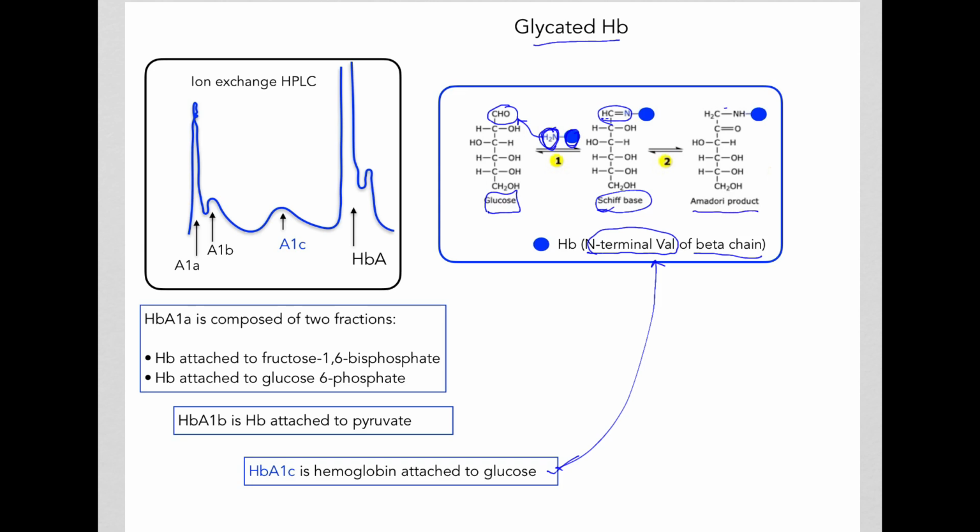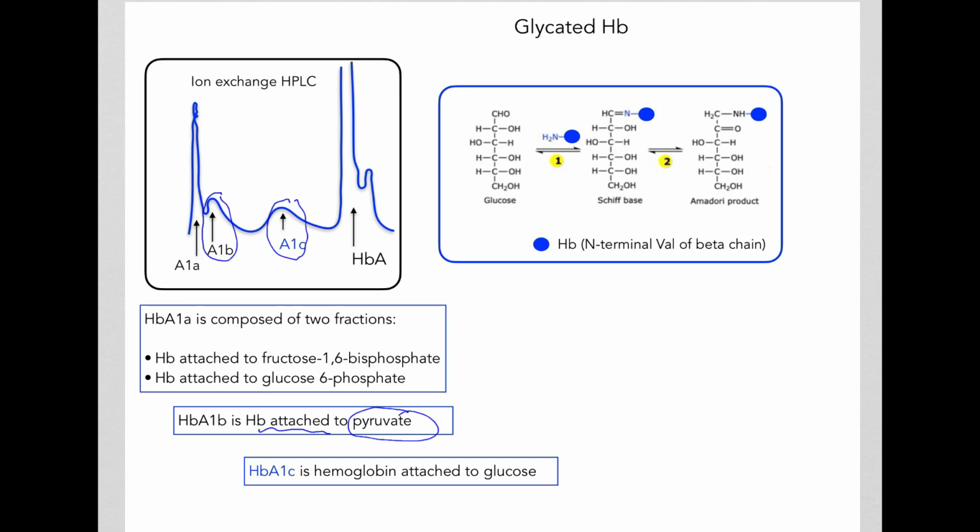So here you see the glucose is attached to the hemoglobin, and that's what hemoglobin A1c is. So this A1c peak is hemoglobin attached to glucose. Now A1b is hemoglobin attached to pyruvate.